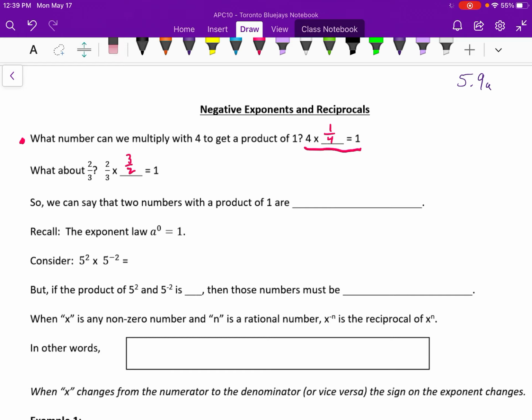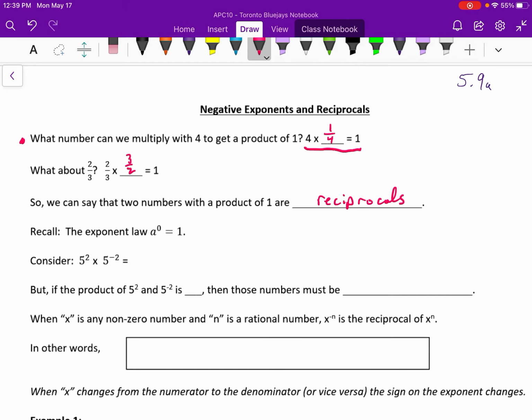So, no new information here. So, we can say that two numbers with a product of 1 are reciprocals. We're going to be exploiting this a little bit later on.